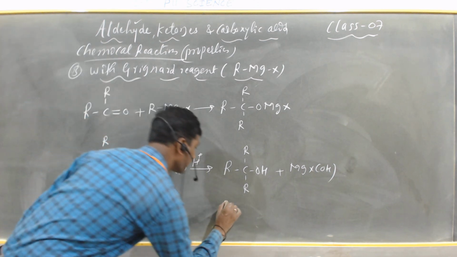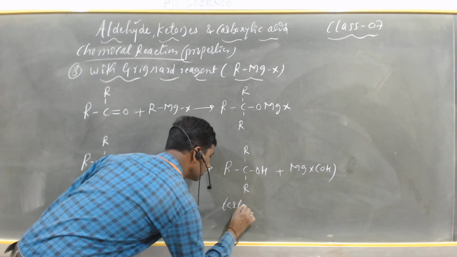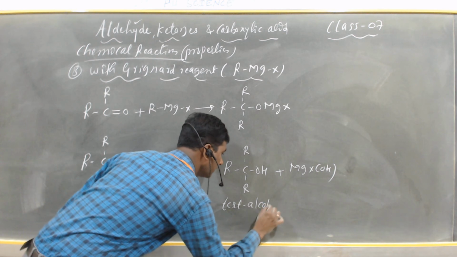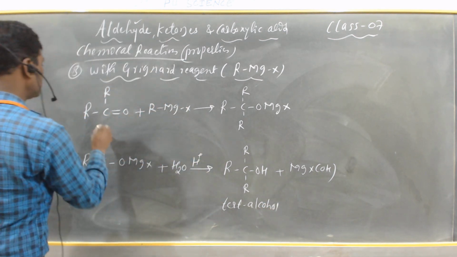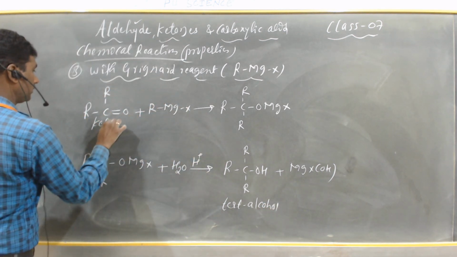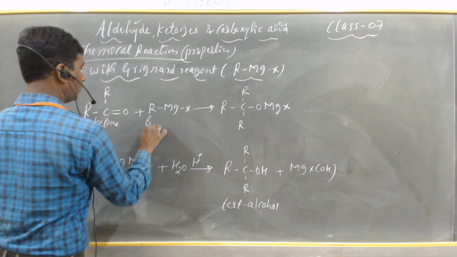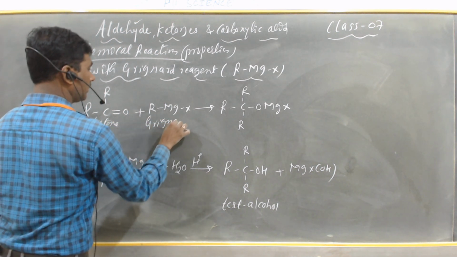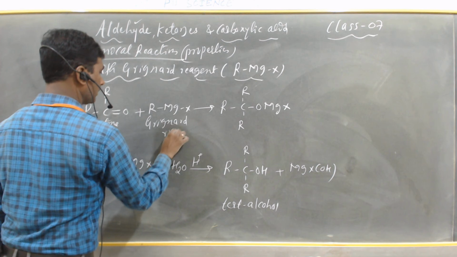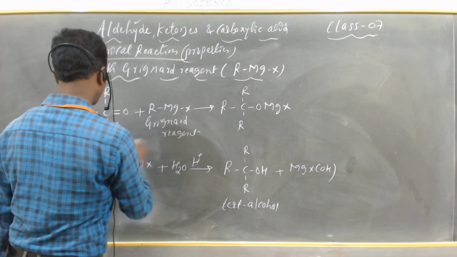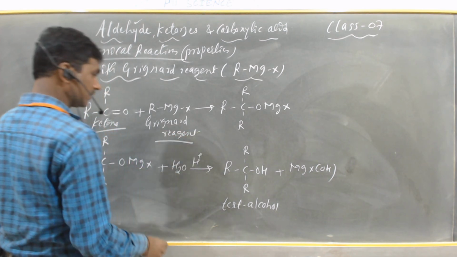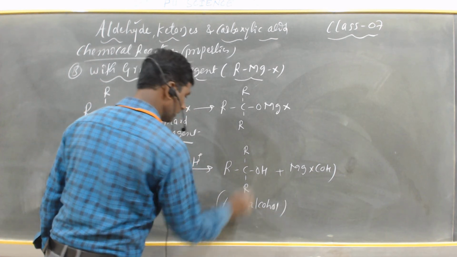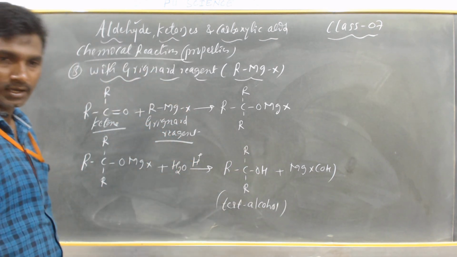So this is called a tertiary alcohol. The ketone reacts with Grignard reagent, so it gives a tertiary alcohol.